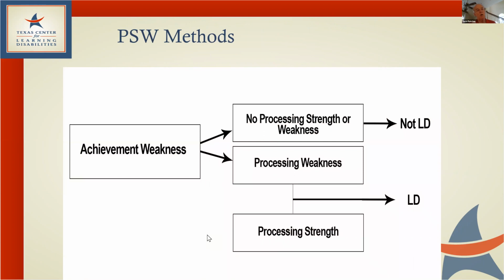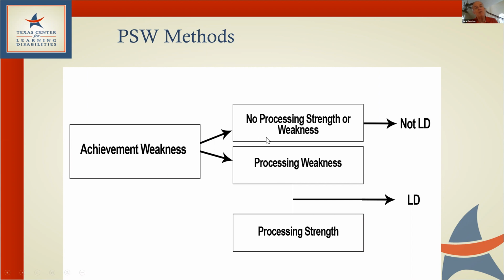And so they work this way. You have an achievement weakness. Not all of them require an achievement weakness, but they should, so I'm giving them the benefit of the doubt. You do processing tests, the Woodcock-Johnson cognitive battery, or the differential aptitude battery, or something like that.